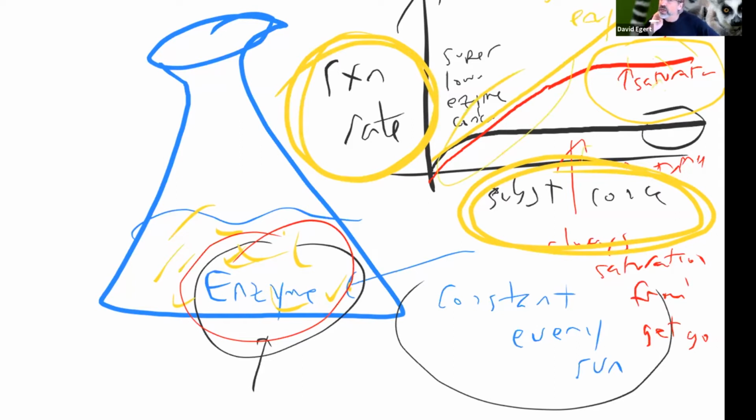Which one of these three options do you get? That would tell you that we never saturated, we were pretty much saturated from the beginning, or we had this linear area with a direct correlation between substrate concentration and reaction rate, but then we hit saturation where we hit a maximum rate.